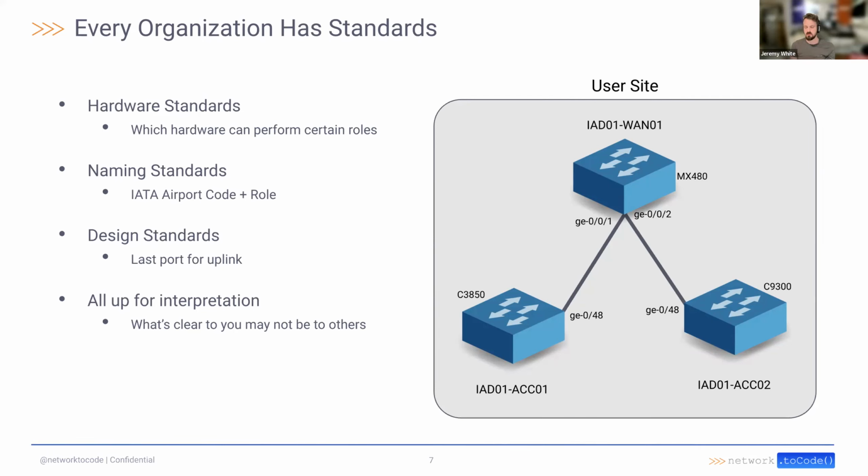As an example, on this slide we can talk about the use of IATA airport codes as the prepended portion of our device host name. If you've been to any major metropolitan area, you'll quickly know that each metro typically has more than one airport. Within the Washington, DC metro, we have Reagan and Dulles, so DCA and IAD. Very quickly, if I see IATA airport codes, I could use DCA or IAD.